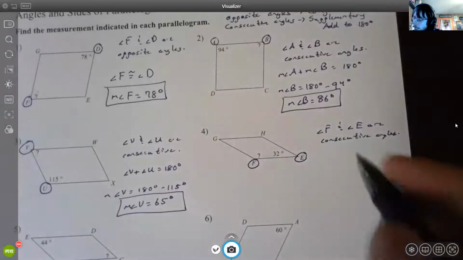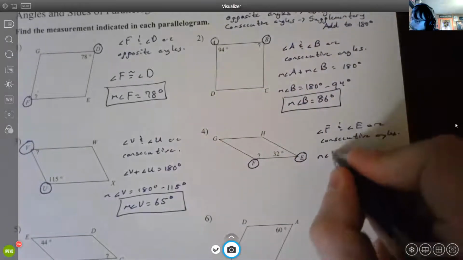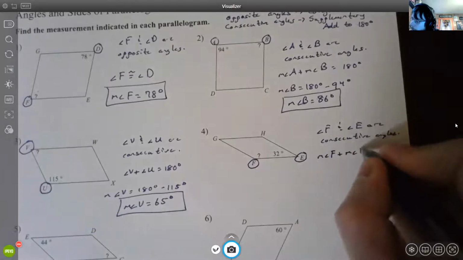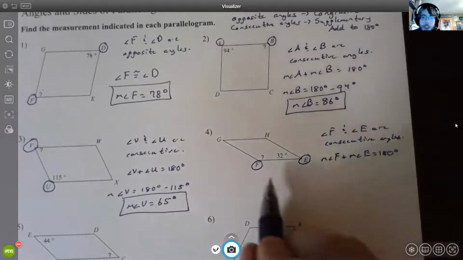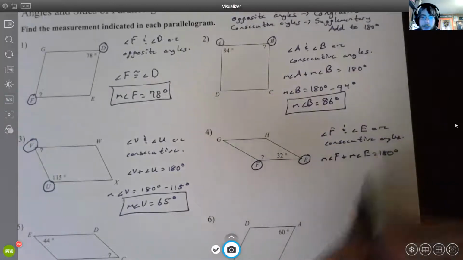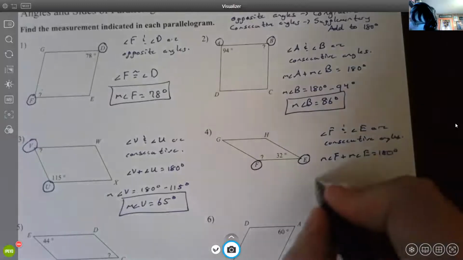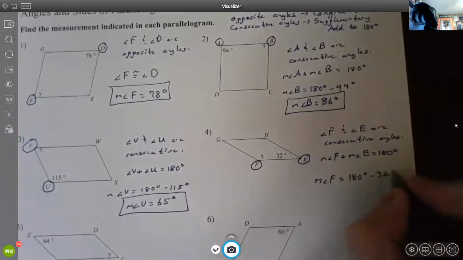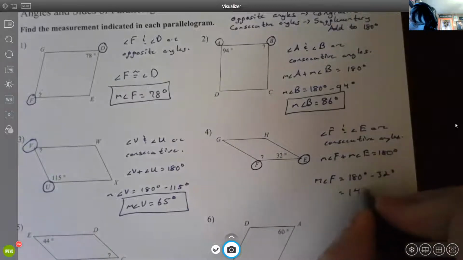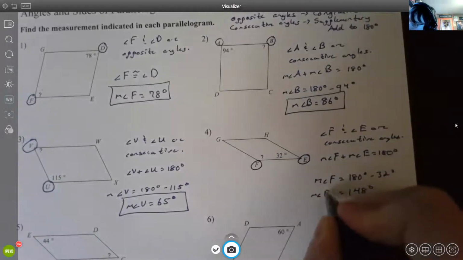And so that means that angle F plus angle E must equal 180. So we're looking for F. To find F, knowing that they have to add up to 180, we have to take 180 and subtract 32 degrees, which gives us 148 degrees for angle F.